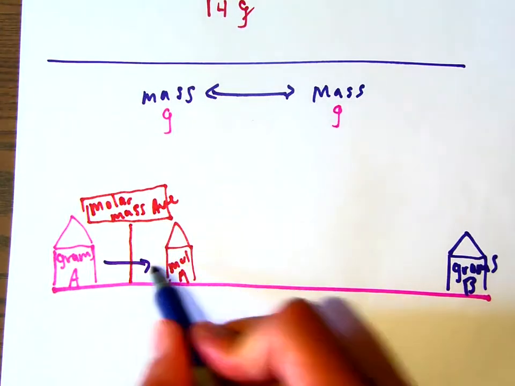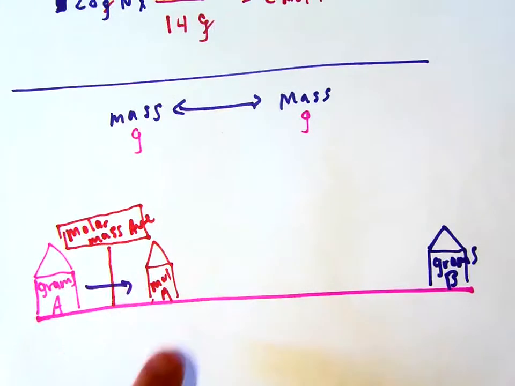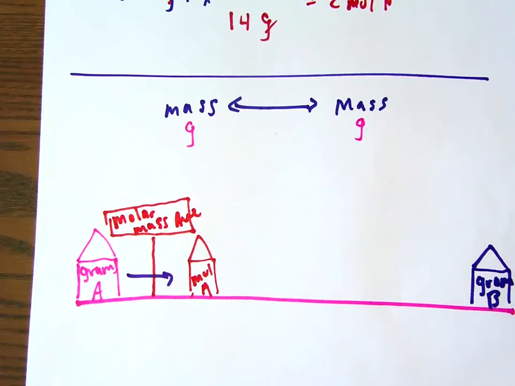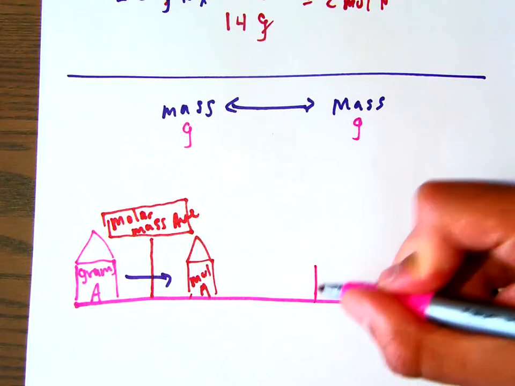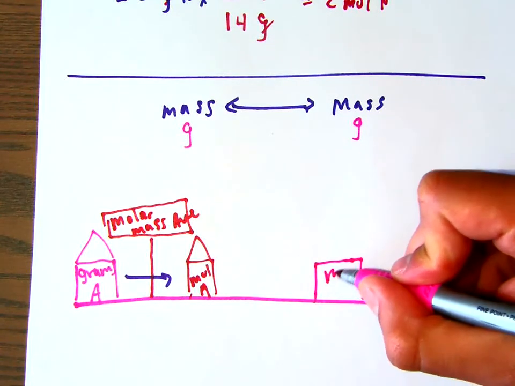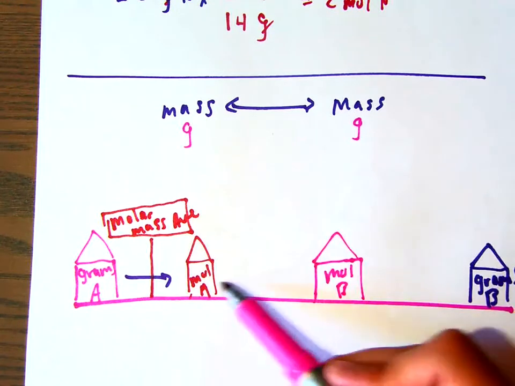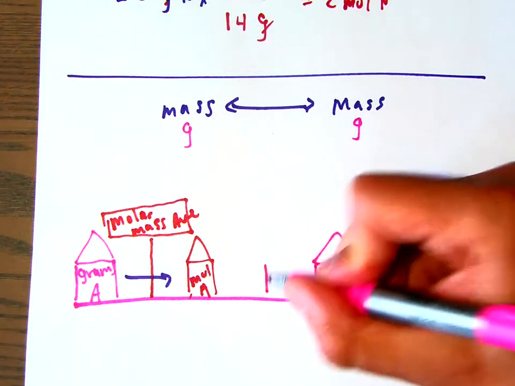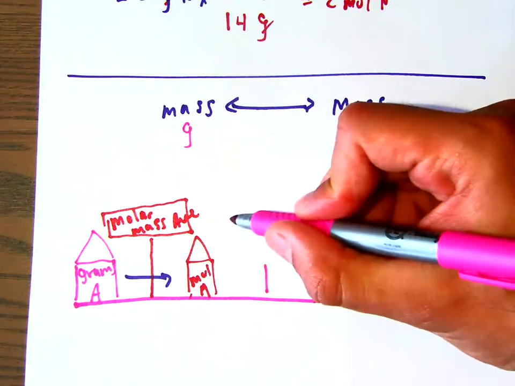Now, from moles of A, whatever we start with, we have to go to moles of the next thing. So let's say I want to go to moles of B. What path am I taking? Whenever I go from moles to moles, we use the chemical equation. In other words, we use what we call mole ratios.